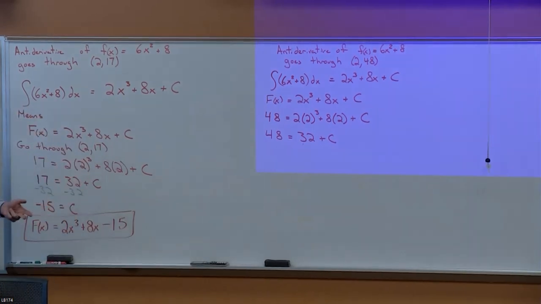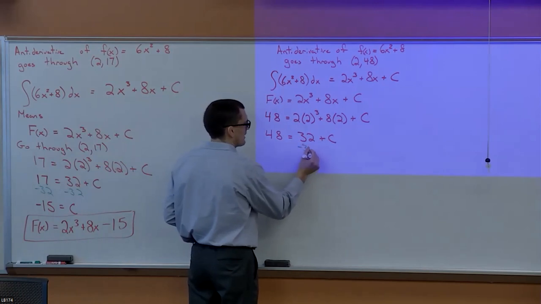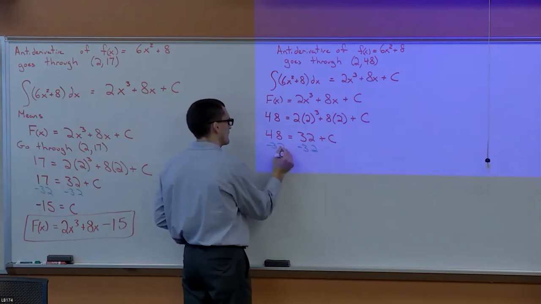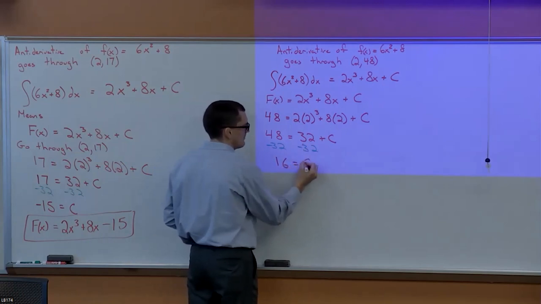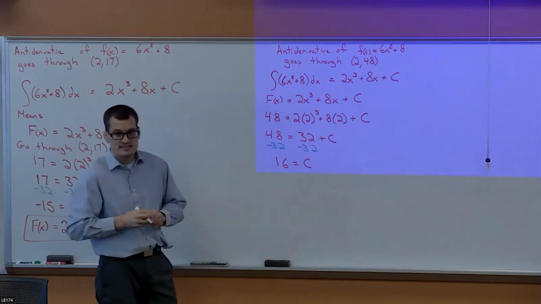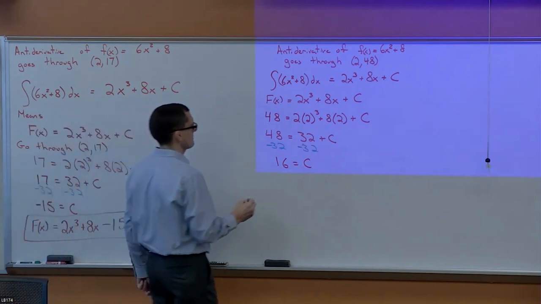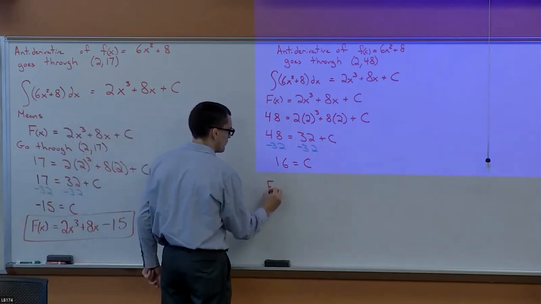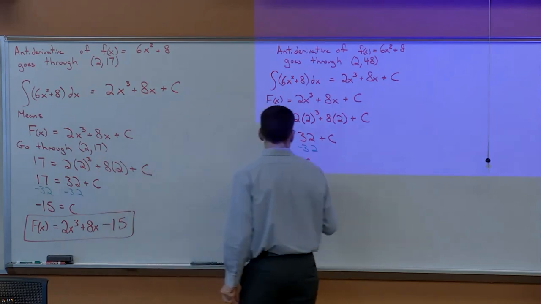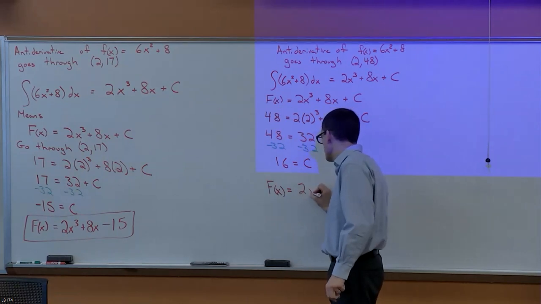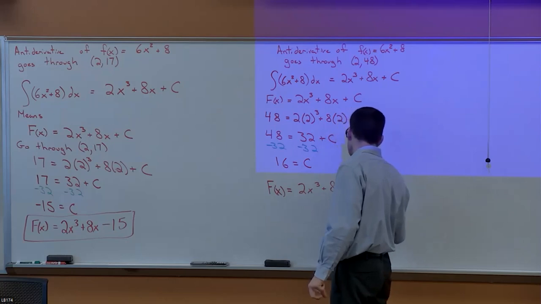All of that's the same. Subtracting 32 from both sides gives me a constant that should be 16 in this case. Therefore, the particular antiderivative that I'm looking for is 2x to the third plus 8x plus 16.